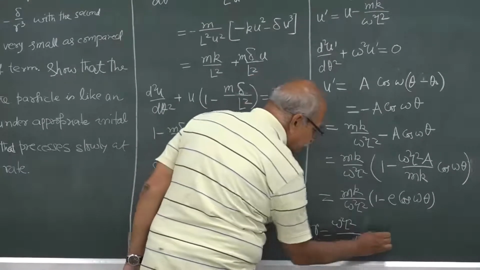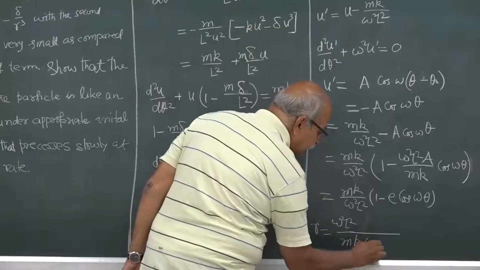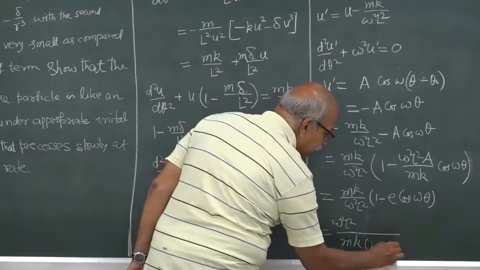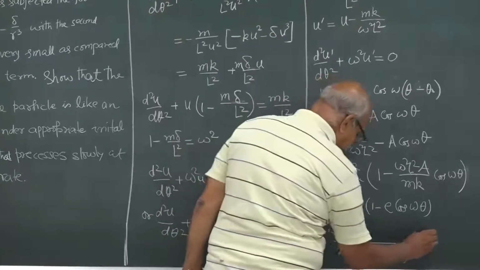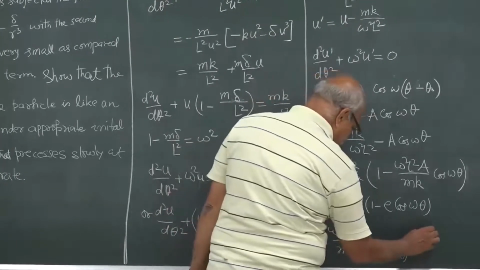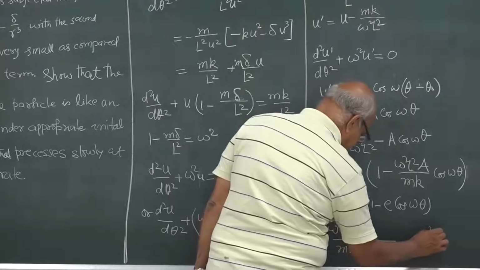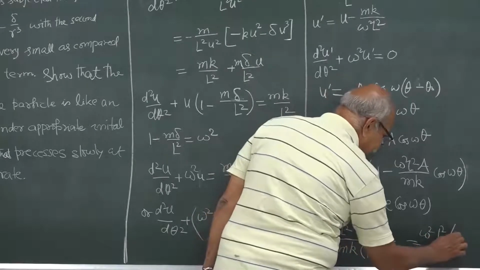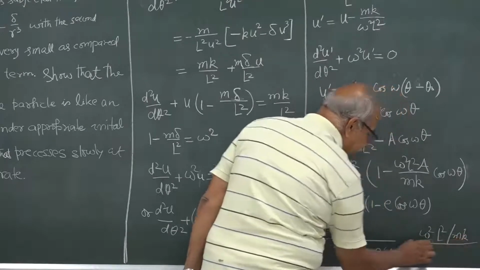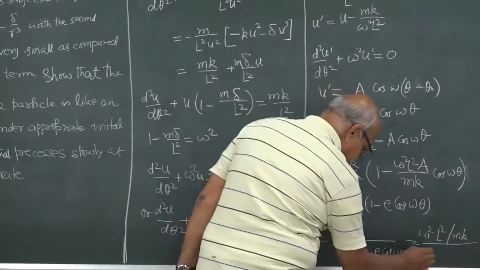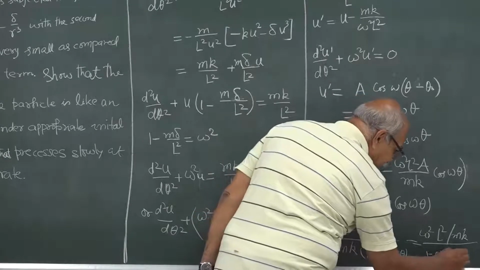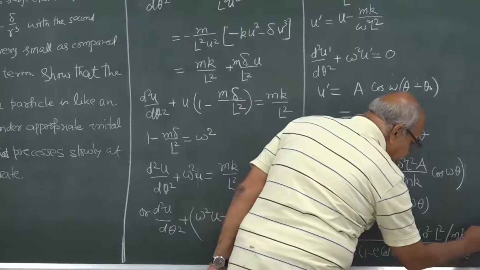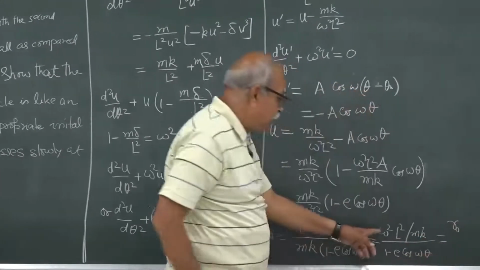and then in the denominator 1 minus e cos omega theta, right. So you can write this as omega square L square over m k divided by 1 minus e cos omega theta, or r naught. You can call this whole thing a constant.